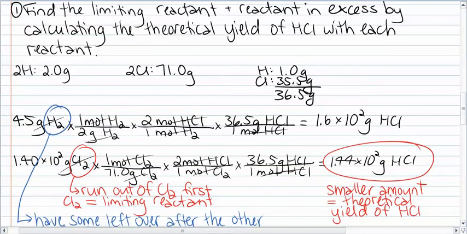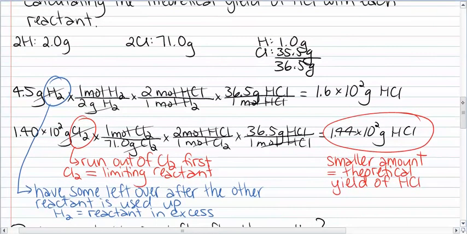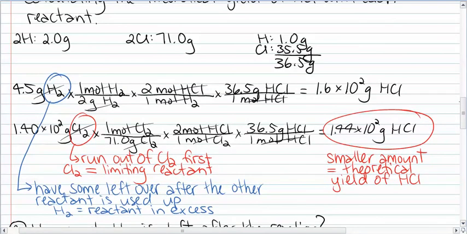That's the amount that will be produced because we run out of Cl2. So if we run out of Cl2 first, that means that Cl2 is our limiting reactant. We have some H2 left over after the Cl2 is used up, so H2 is our reactant in excess.